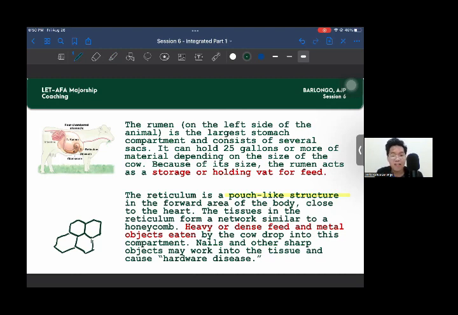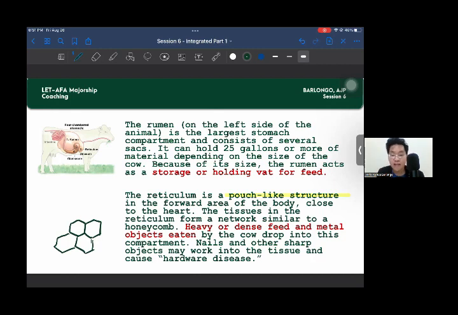So, ayan. Reticulum. Doon pumupunta yung mga heavy or dense feed and of course yung mga metal objects na nai-ingest ng ating mga ruminants. Pero, ayun nga, hindi kasi may iwasan yun na, syempre, wala naman silang malay.